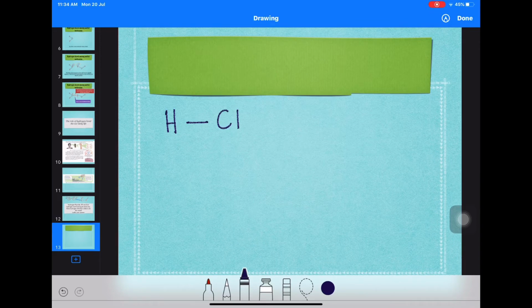When we see the hydrogen chloride molecule, it is similar to hydrogen fluoride. But then, what makes them differ from each other? The electronegativity in terms of electron density. Electron density. What is meant by electron density?